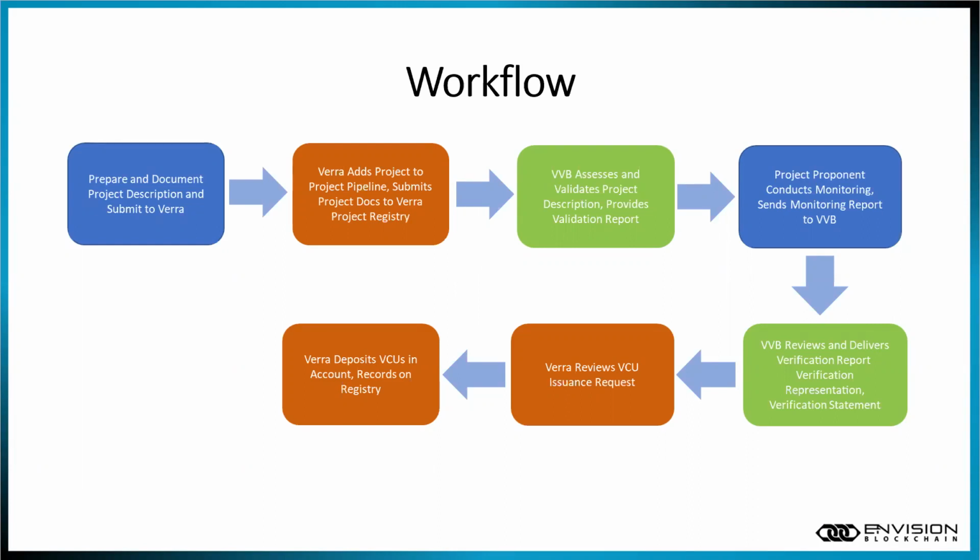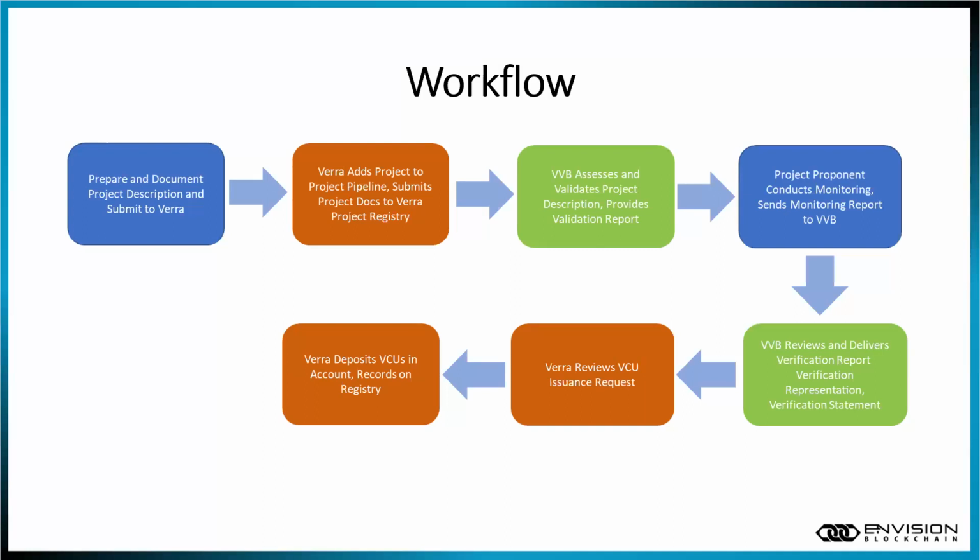Then the VVB will be assessing and validate the project description, provide a validation report, and the project proponent will then go in and conduct monitoring, sending a monitoring report to the VVB. The VVB will then review and deliver a verification report, verification representation, and a verification statement. And then Verra will review the VCU issuance request, and Verra will deposit the VCUs into the account and record it on the registry.